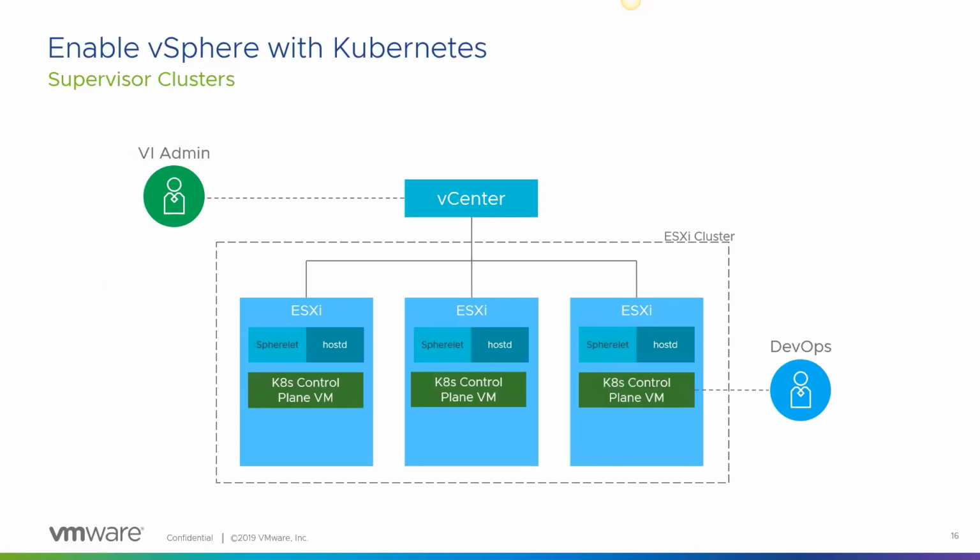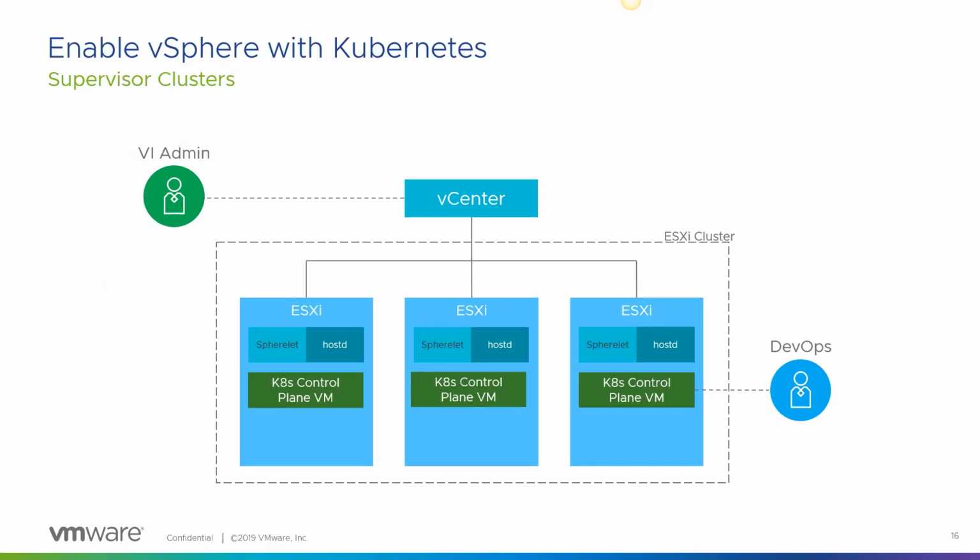Remember the K8 master? Well, we're deploying an equivalent on each node in that cluster, so that when the DevOps admin sends his kubectl command to create a pod or whatever it is that he's attempting to do, one of those guys will get it and process it.